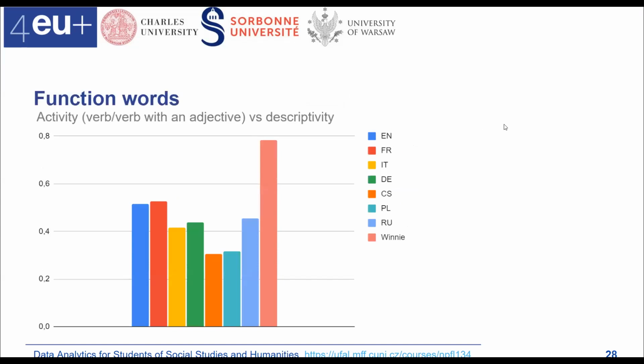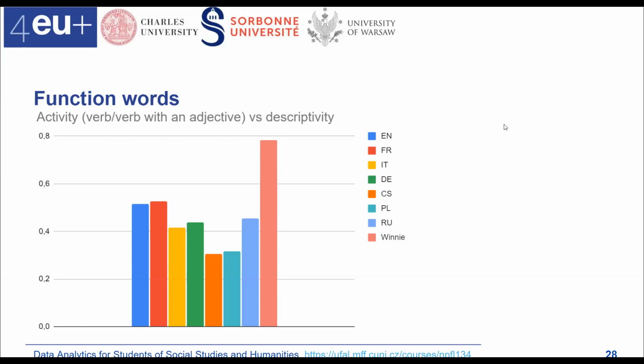And then we come to the question of what we call function words. So how descriptive the text is, or how it shows activity. So we measure here the activity by comparing the verbs and the verbs with adjectives, because the adjective shows that there is some activity in the text.